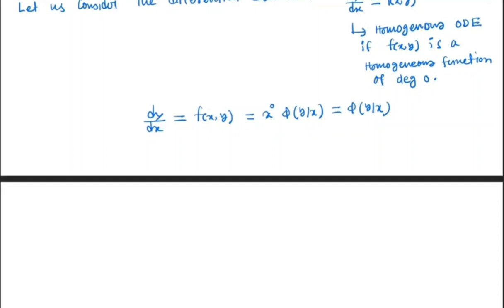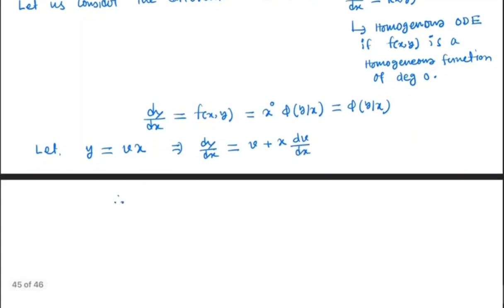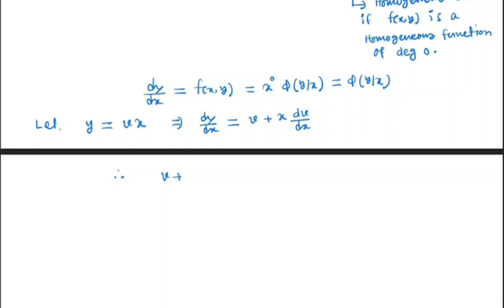Now we will make it a separable ODE by making a transform of variable. We put y is equal to vx. By differentiating, we get dy/dx is equal to v plus x dv/dx. So we have v plus x dv/dx is equal to phi of y by x.